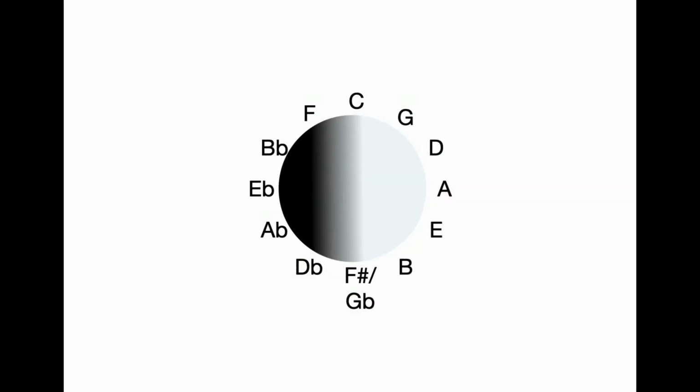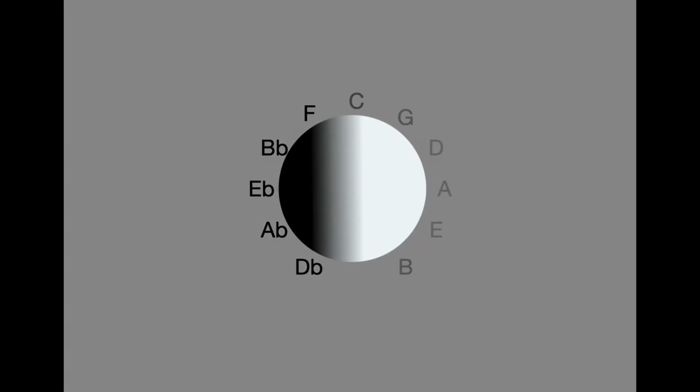And indeed, let's take C at the top point here and illuminate this chromatic planet from one side. You can see that we get C Lydian at the top and in fact F sharp Locrian at the bottom.